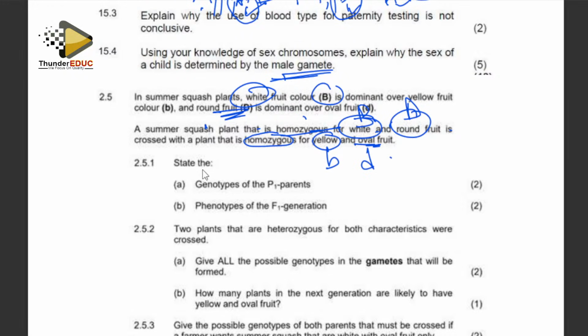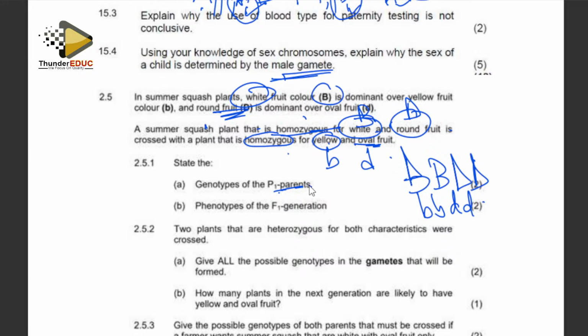They're saying to state the genotype of parent one, because in a summer squash plant, the homozygous dominant, it means that they are homozygous capital B, and round, capital D, crossed with yellow, which is small b, and oval, which is small d.